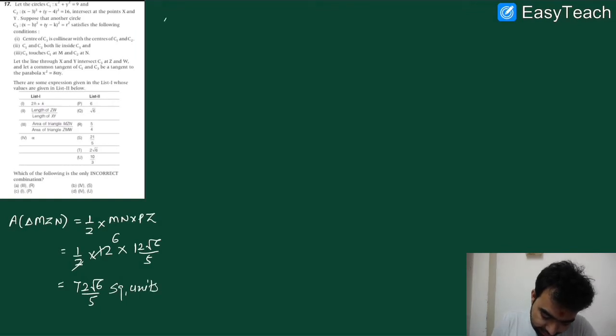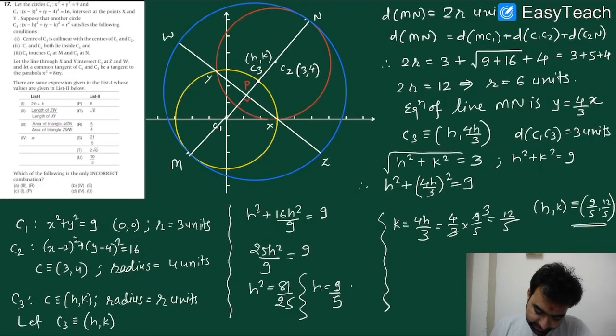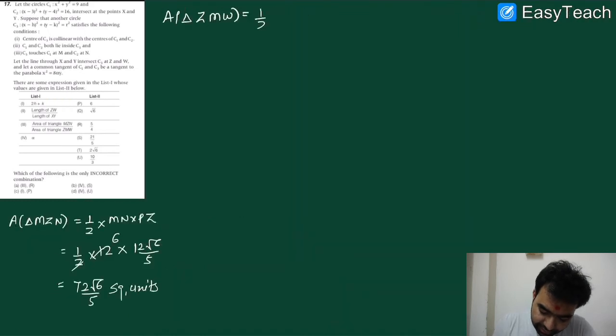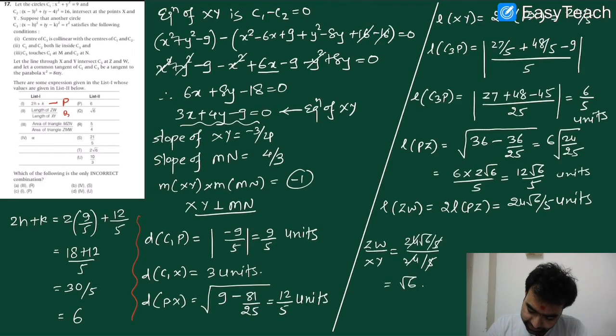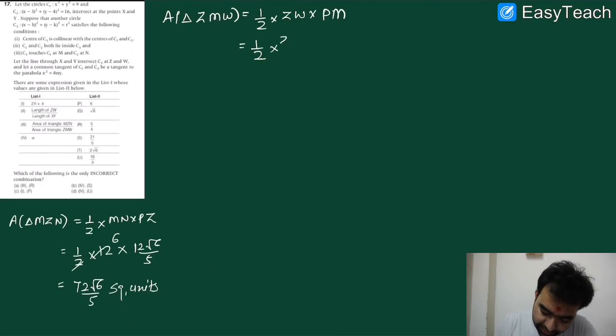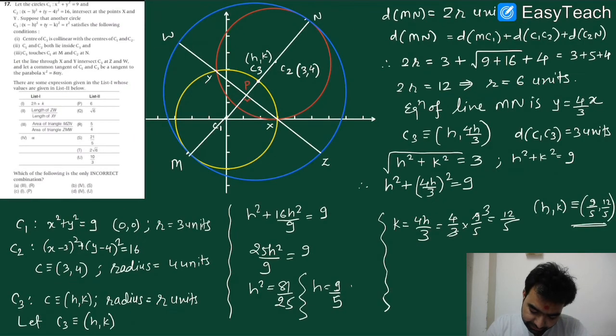And the area of triangle ZMW. So again check the diagram, ZMW, that is again half into base into height. Base will consider ZW and height PM. So half into ZW into PM. Now ZW length is 24 root 6 by 5, we calculated, and PM is basically MC1 plus C1P.